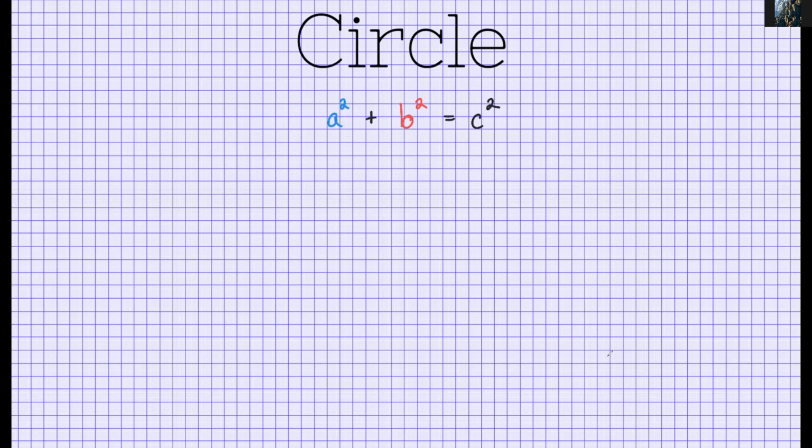Now, we know that the horizontal distance is a change on the horizontal coordinates. The vertical distance can be calculated by a change on the vertical coordinates. And this will be equal to the hypotenuse squared.